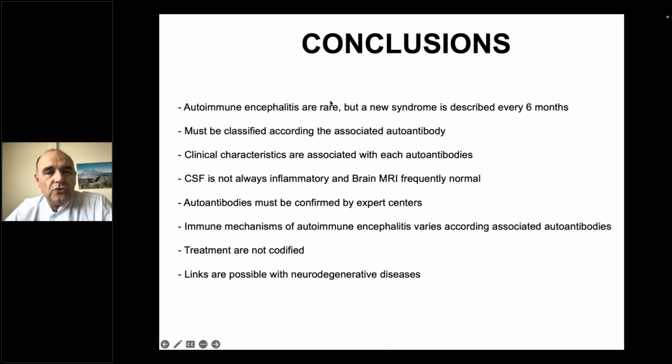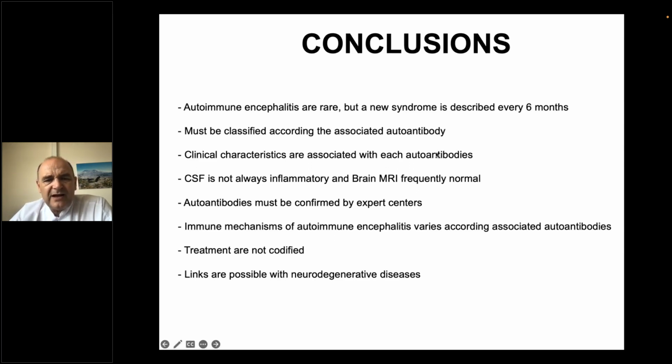So to conclude, autoimmune encephalitis is rare, but a new syndrome is described every 6 months. So it's very important to understand the relationship between autoantibodies, symptoms, and mechanisms of the disease. They must be classified according to the associated autoantibodies. And we saw that anti-ANNA-5, for example, is totally different in mechanism from NMDA receptor antibodies.